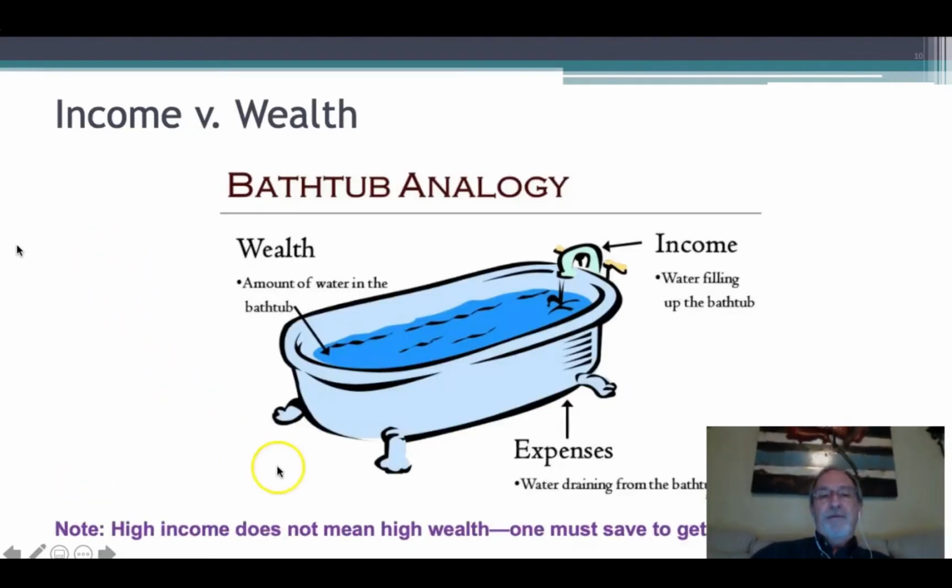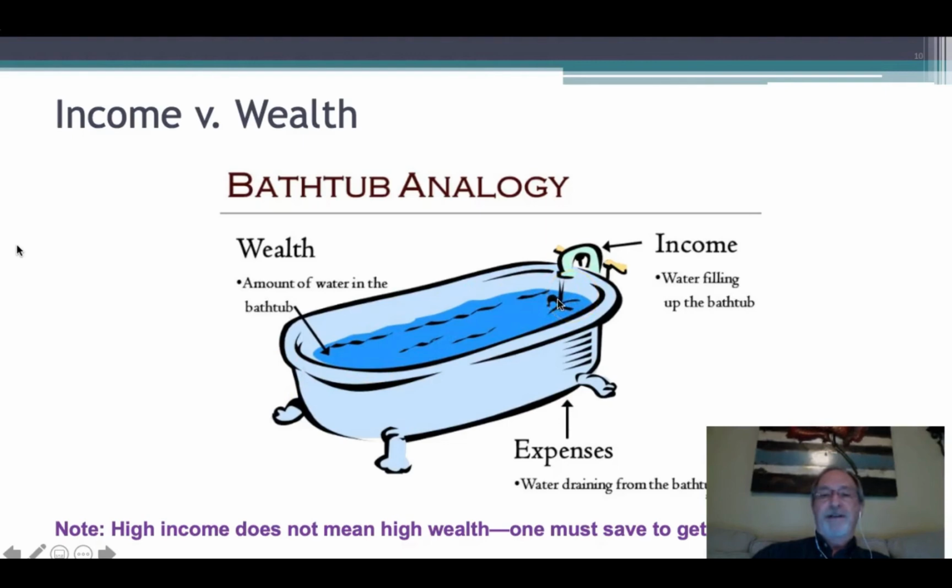So I really like this analogy when we think in terms of these important ideas of wealth and income, because they're not the same thing. We often think of somebody with a lot of income as being someone that's wealthy, but that's not necessarily the case.